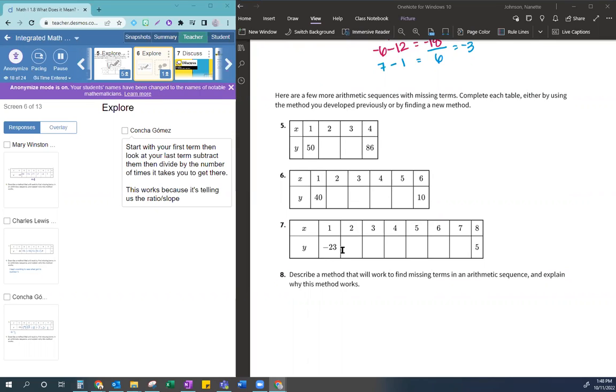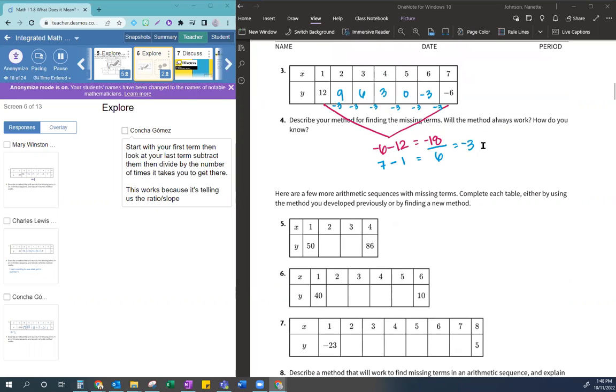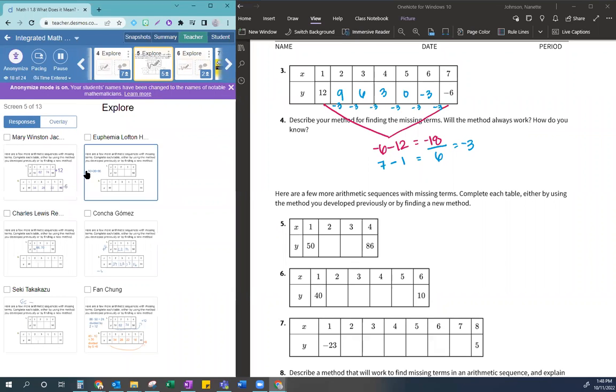Okay, so how would I do this? Tell me what math I need to do to figure this out. Nice.